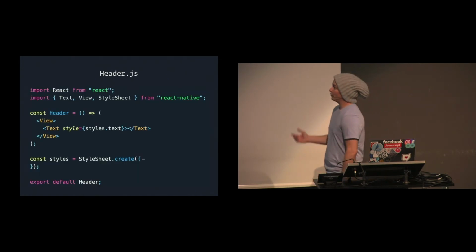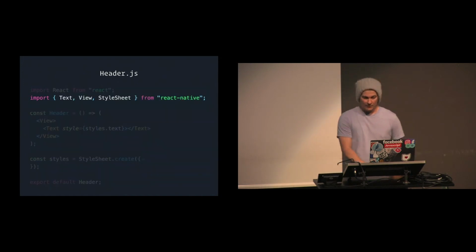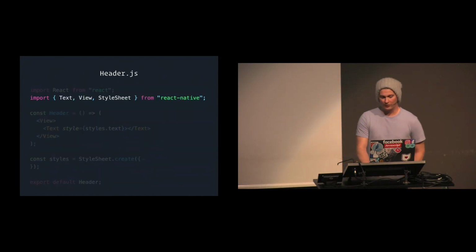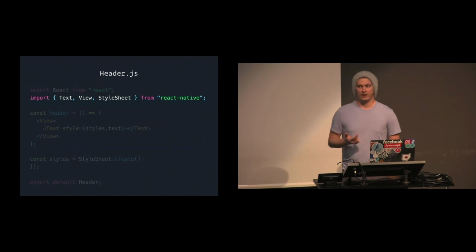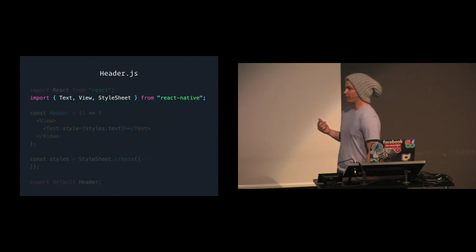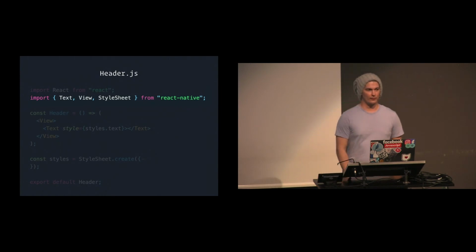The header has a little bit of React Native code in it, so we'll import React, import some React Native components. Now here, one of the nice things about React Native Web is that it's recommended to use a Babel configuration that would rewrite React Native imports to React Native Web.